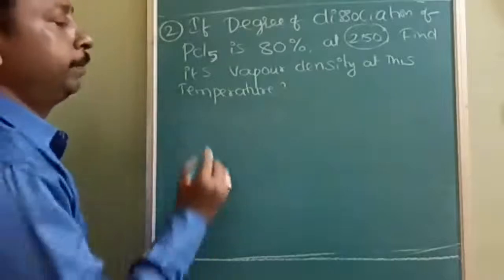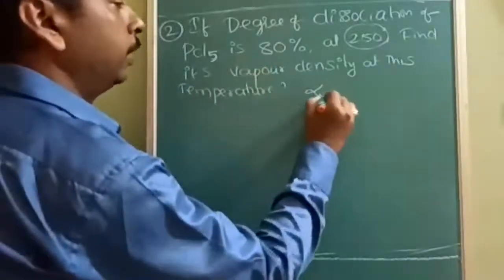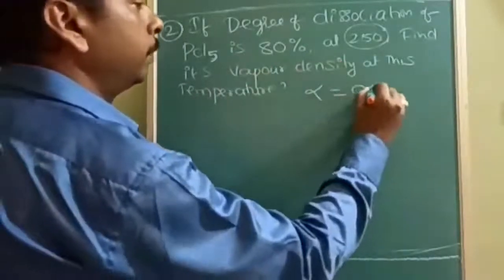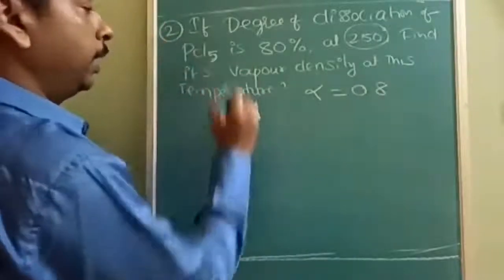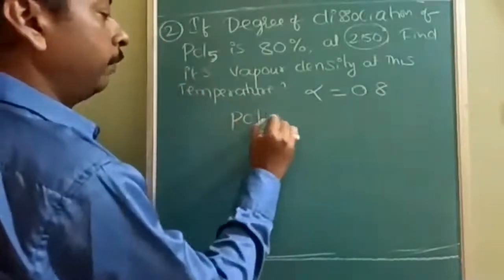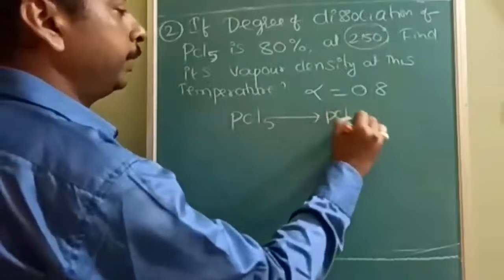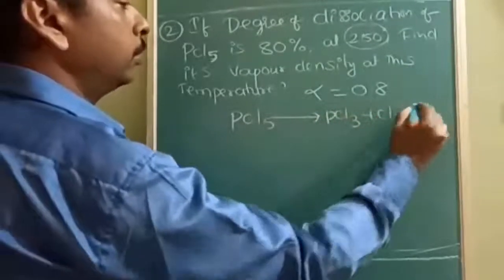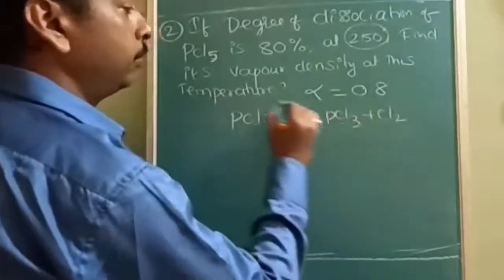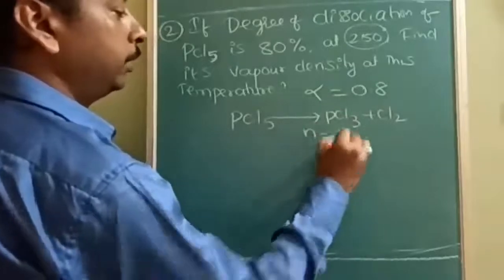Very simple question. Here alpha is equal to 0.8. PCl5 obviously dissociates to give PCl3 plus Cl2. So 1 mole is giving 2 moles, therefore n is equal to 1.